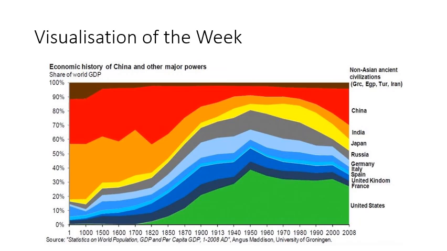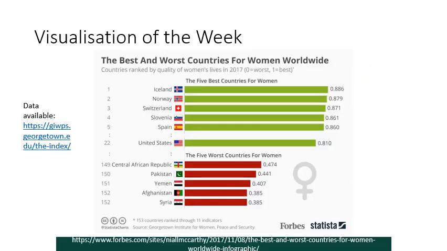Okay, the next one is a visualization that might be useful for you when it comes to the assignment, actually. I have a link to the data that was used for this visualization. This was carried out by the Georgetown Institute for Women, Peace and Security, and it's an index that they have developed. They've collected a load of data from women all around the world, and it assesses factors like inclusion, justice and security.